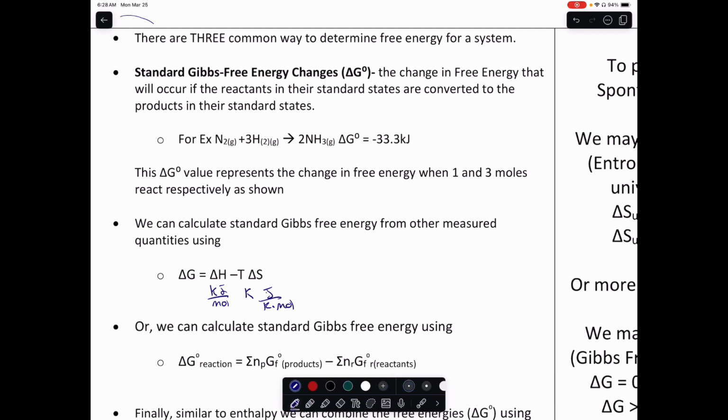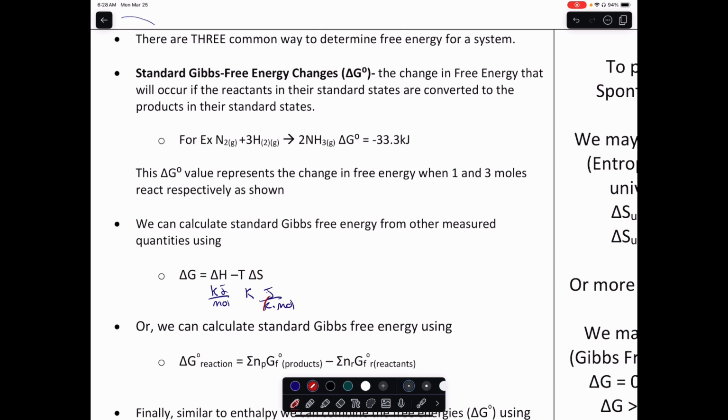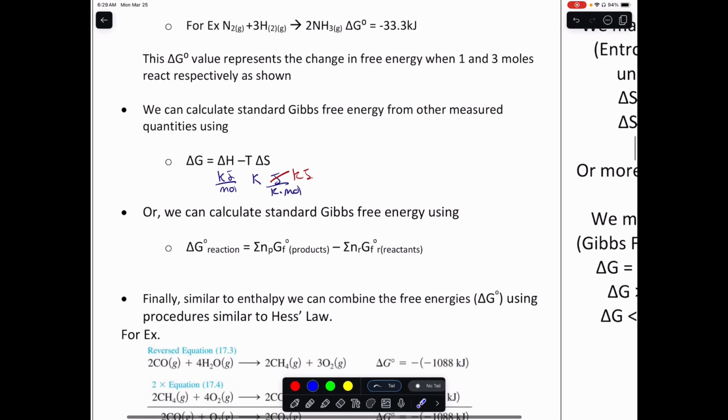So it will be important to remember when using this equation that joules will need to be converted into kilojoules, or you could convert kilojoules into joules, but these two units must match. Of course, you can see kelvins will cancel, moles will remain, but again, it's often not going to be written in a textbook or a worksheet. That is just the standard way. So here's one way that we can then calculate Gibbs free energy.